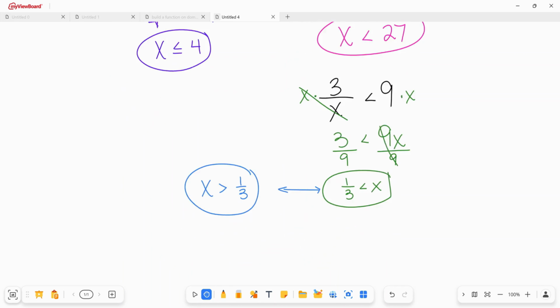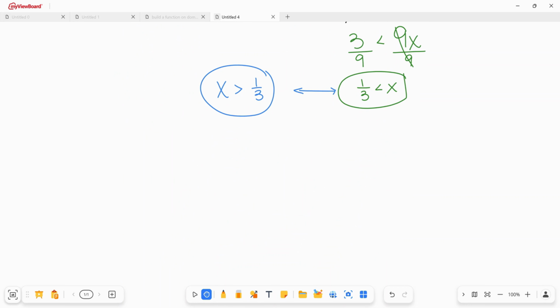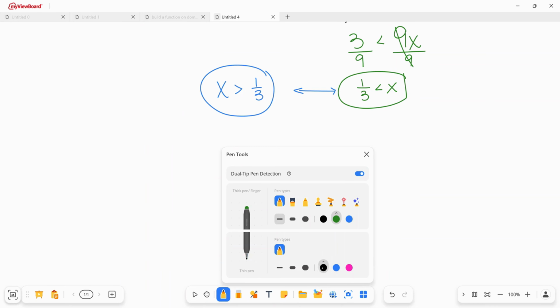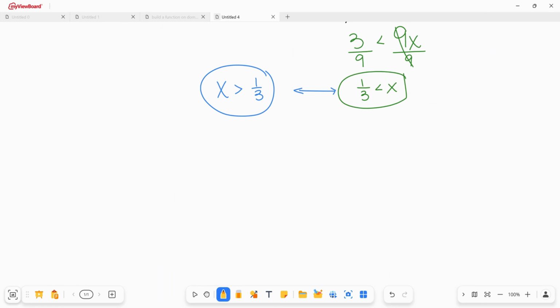Now the only caveat that we have to deal with is if you multiply or divide by a negative number, the sign flips direction. So here is an example of each. We'll do negative 3x is less than 27.